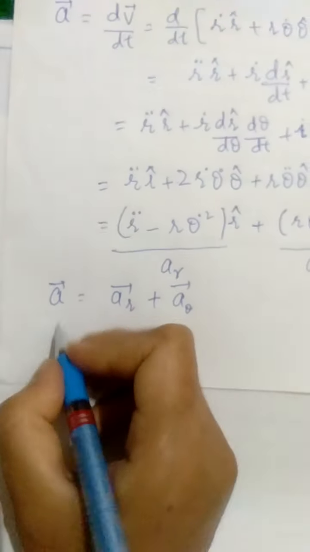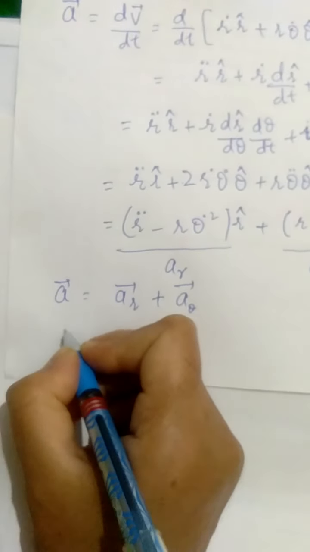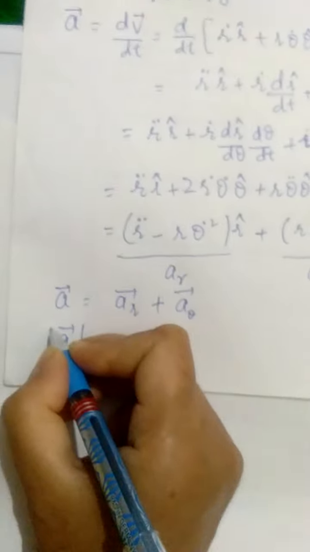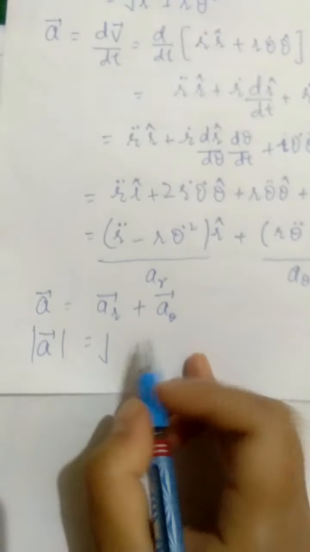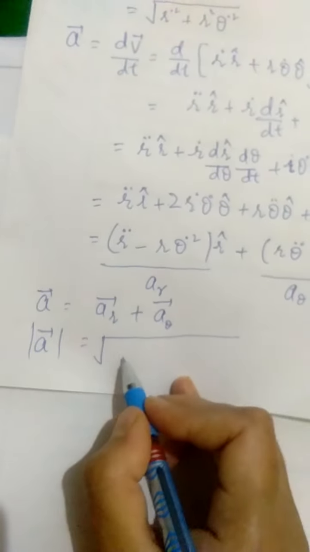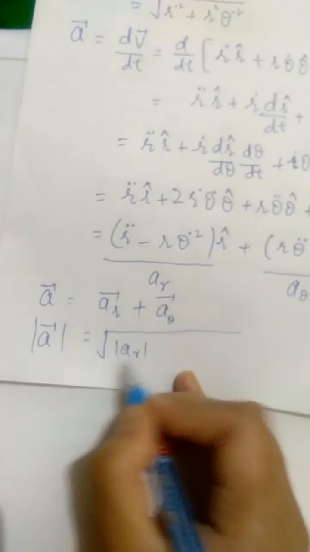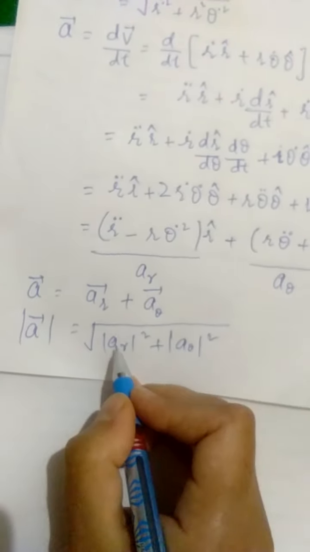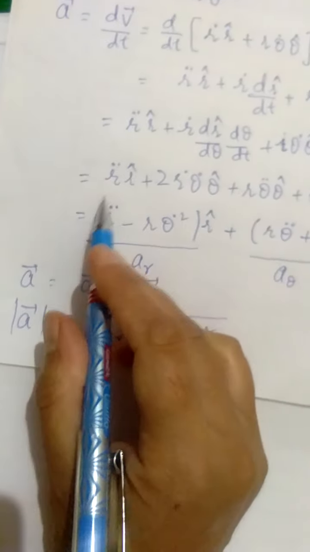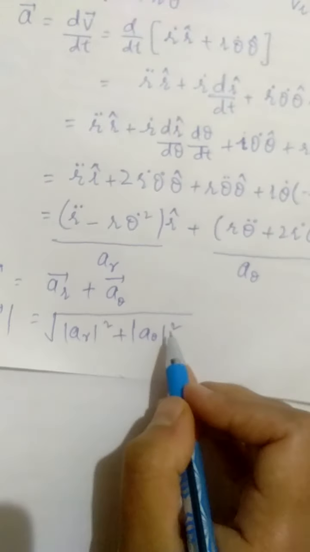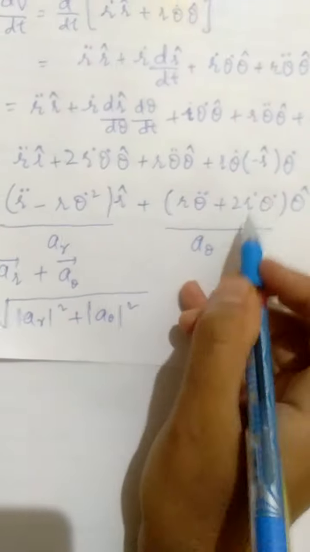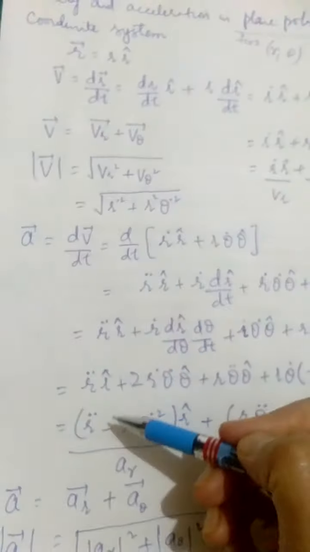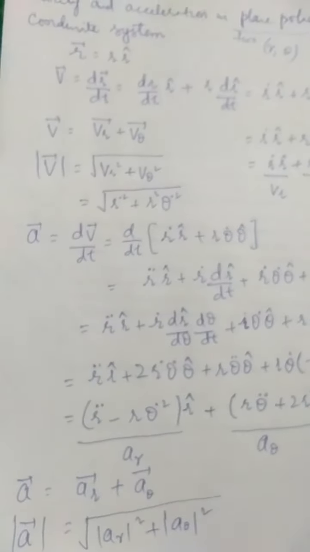And similarly, as in case of velocity, we can write the magnitude of acceleration will be given by square root of ar square plus a theta square, where square of ar actually means square of this entire term and square of this means square of entire term. So this is the expression for velocity and acceleration of a particle which has been fitted in a plane polar coordinate system.